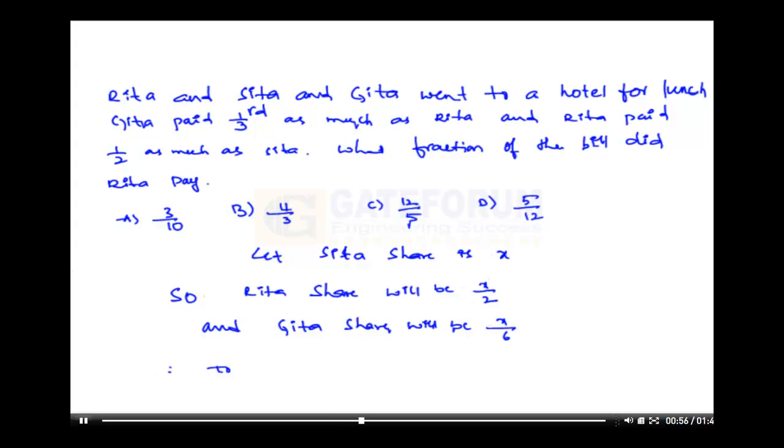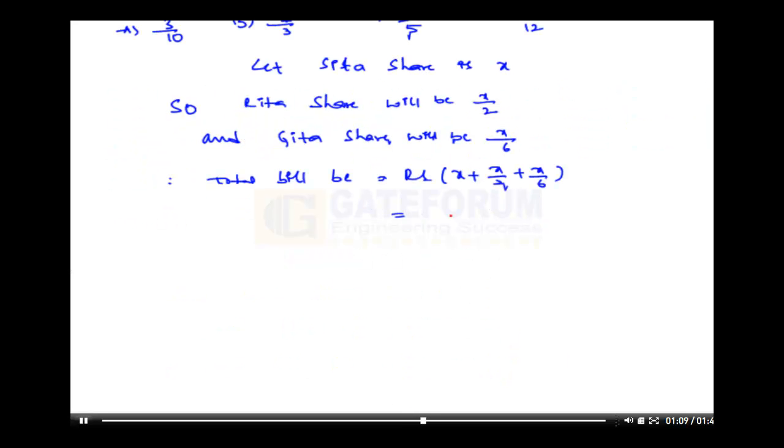So the total bill will be rupees X plus X by 2 plus X by 6, which results in 10X by 6.